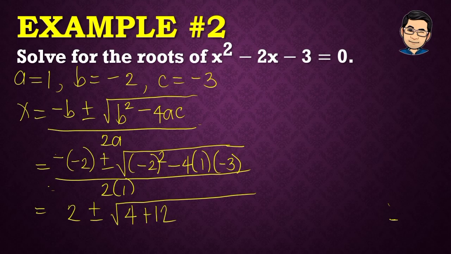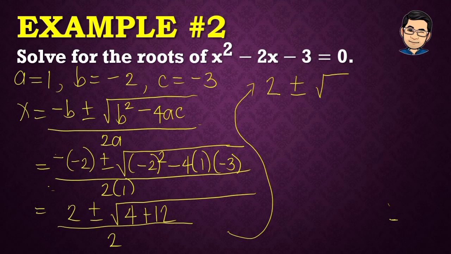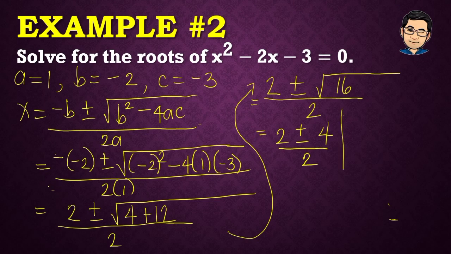Next, all over 2 times 1, 2. 2 plus minus square root of 4 plus 12, 16. All over 2. Next, 2 plus minus the square root of 16, that is 4. All over 2. So, dito muna tayo sa x sub 1.